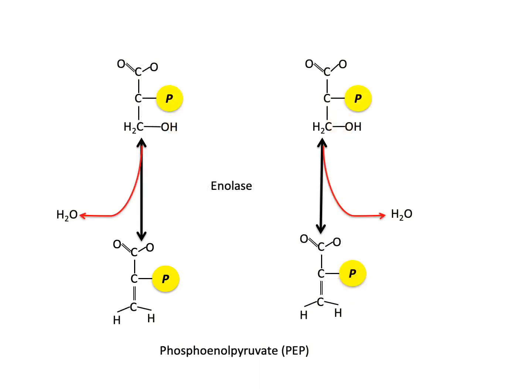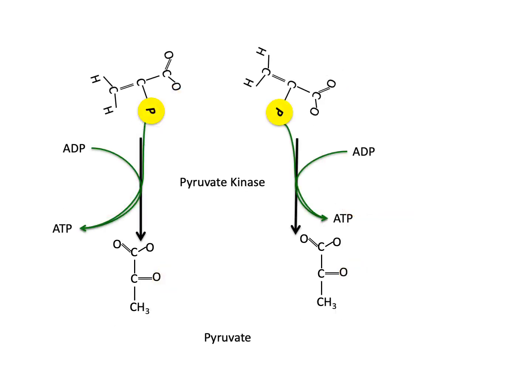So we are stripping away water, forming phosphoenolpyruvate, or PEP. PEP then interacts with pyruvate kinase, stripping away the phosphate, kinasing ADP to form ATP, and producing the product pyruvate.